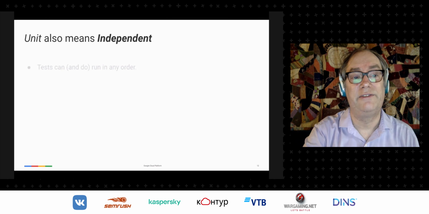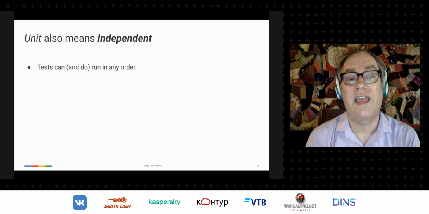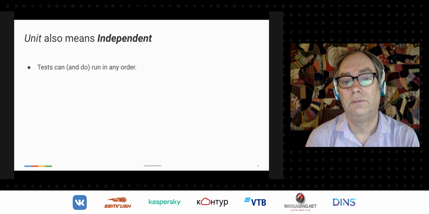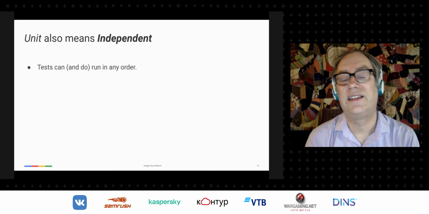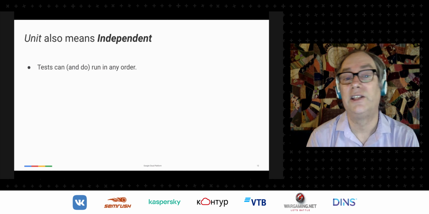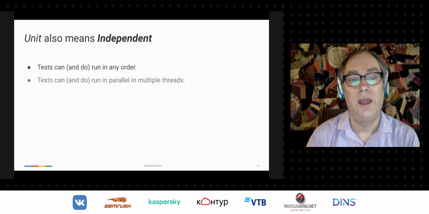Now, there are a lot of ways this can fail. First of all, tests can and do run in any order. There's no guarantee that the first test in a test class will be run first. So you want to make sure that one test does not leave anything in place that another test depends on, or depends on not to be true.